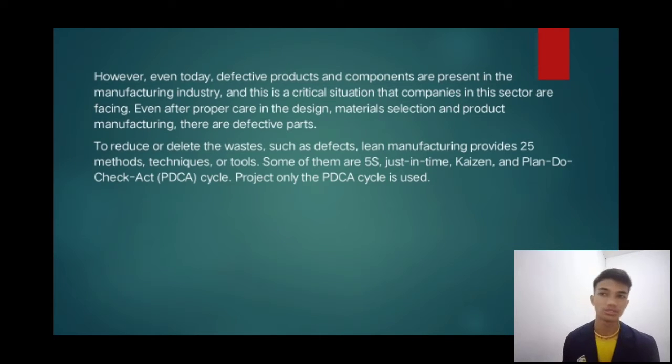To reduce or eliminate wastes, such as defects, lean manufacturing provides 25 methods, techniques or tools, and some of them are 5S, just-in-time, Kaizen, and the Plan-Do-Check-Act, or PDCA, cycle. For this case, this project only uses the PDCA cycle.